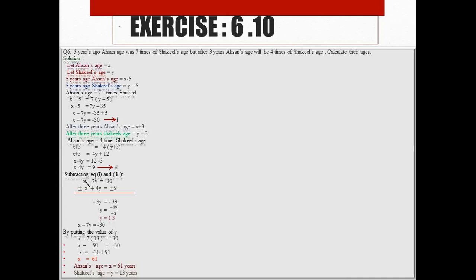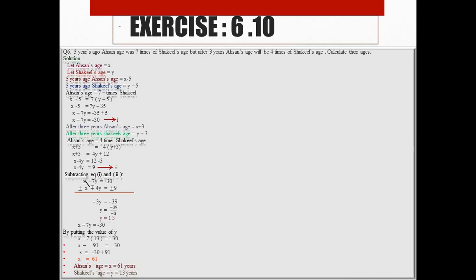7 times means we multiply the age of Shakil by 7. x minus 5 is equal to 7 into y minus 5. When we multiply 7 with the bracket, 7y minus 35, so x minus 5 is equal to 7y minus 35.